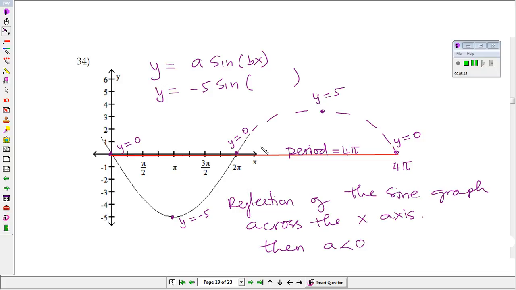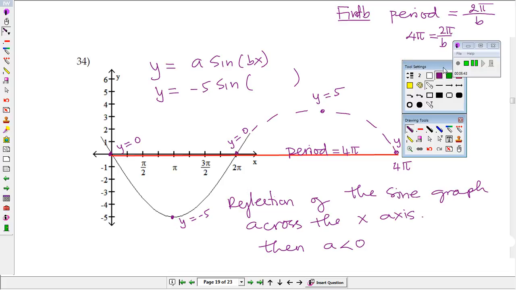Now we just have to find b. To find b, we're using the formula period equals 2 pi divided by b. We substitute the period for 4 pi, so 4 pi equals 2 pi divided by b.